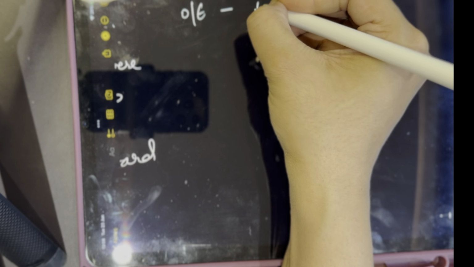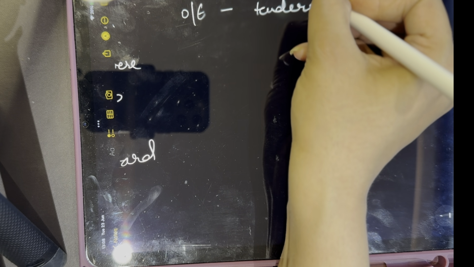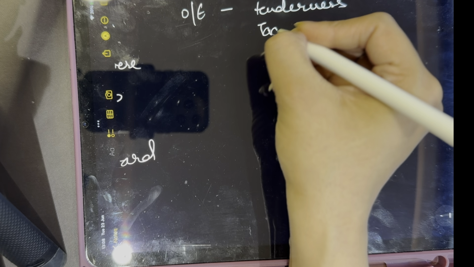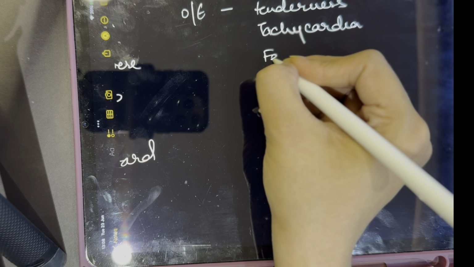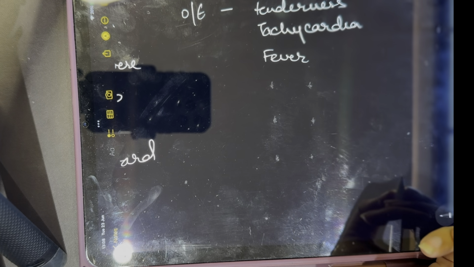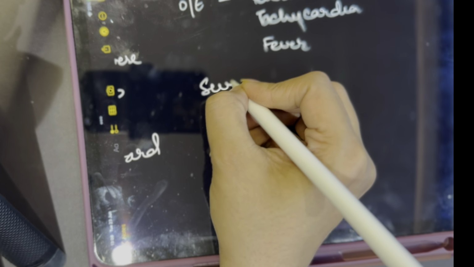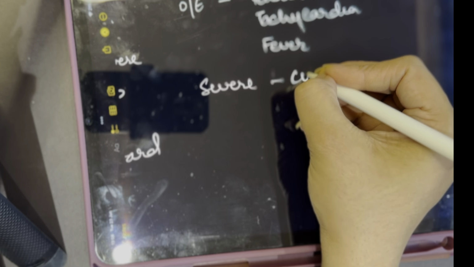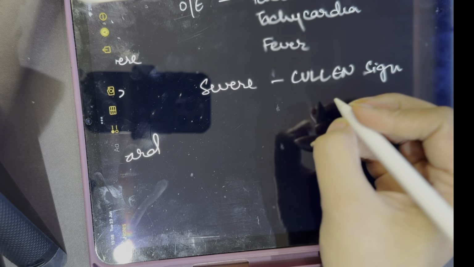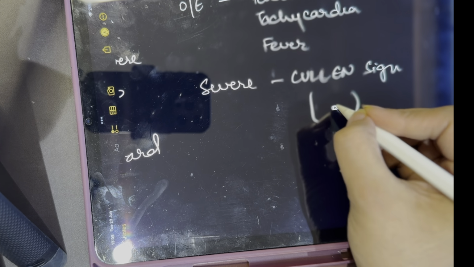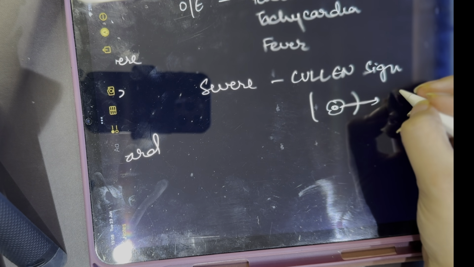On examination, you will see tenderness in the epigastric region. You can have tachycardia. There can also be fever. In severe cases, you can see Cullen sign, which is periumbilical discoloration.